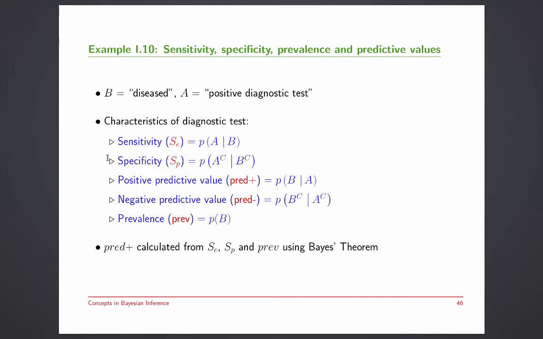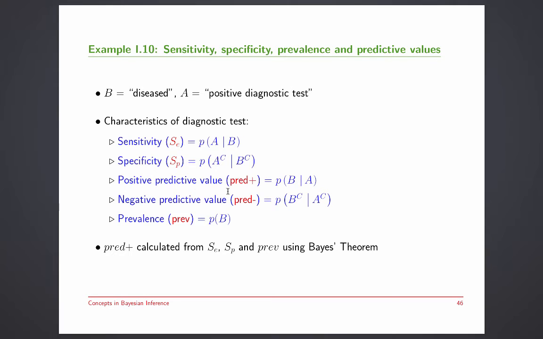So the sensitivity of an experiment is defined as the probability of a positive diagnostic test given the patient is diseased. The specificity is the probability of a negative diagnostic test if the patient is not diseased.